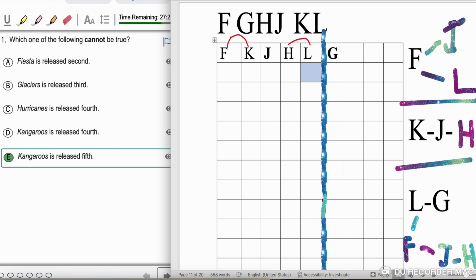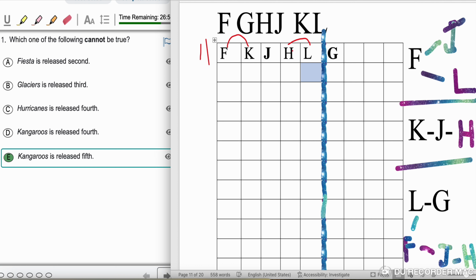What I did right now is came up with a quick diagram for question 1, where the bold ones cannot move. So I got F, K, J, H, L, G. I have the rainbow showing that they can go back and forth, like a coin flip with each other.